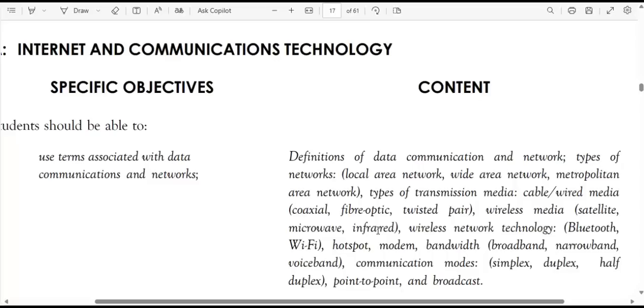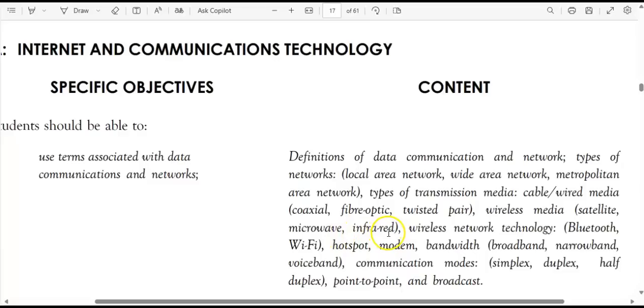They utilize infrared communication. So if they ask you about the types of transmission media, number one is cabled wired media, for example coaxial, fiber optic, and twisted pair. Number two is wireless media, for example satellite, microwave, and infrared.